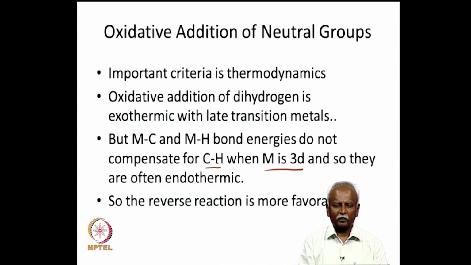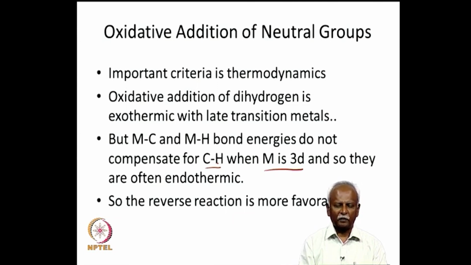So, very often they turn out to be an endothermic reaction, and it is only possible to push it to one side by the addition of a third molecule, which might in fact compensate for this loss in energy of the CH bond.